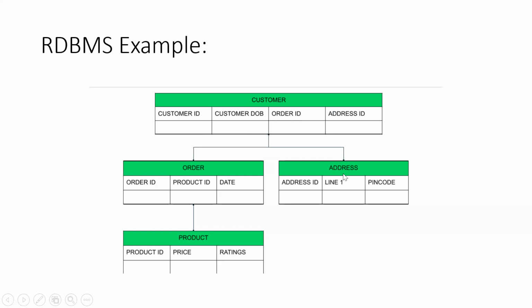But in the address table, which only stores address related information, address ID XYZ represents this particular area and this particular PIN code. For the address table, address ID is the primary key. For the customer table, customer ID is the primary key. Now, the address ID in the customer table is called the foreign key.